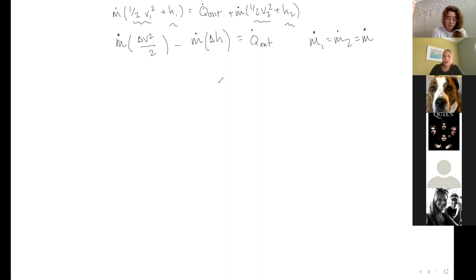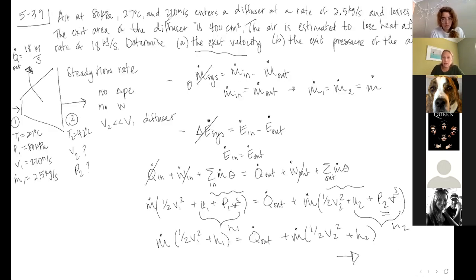If I look at my problem now, I can estimate. I'm given my mass flow rate. I am given a velocity here, 220 meters per second. An assumption that I make about diffusers is that my velocity coming out is so much smaller, it's pretty much zero relative. That's the point of a diffuser, to take a really large velocity and make it almost negligible.